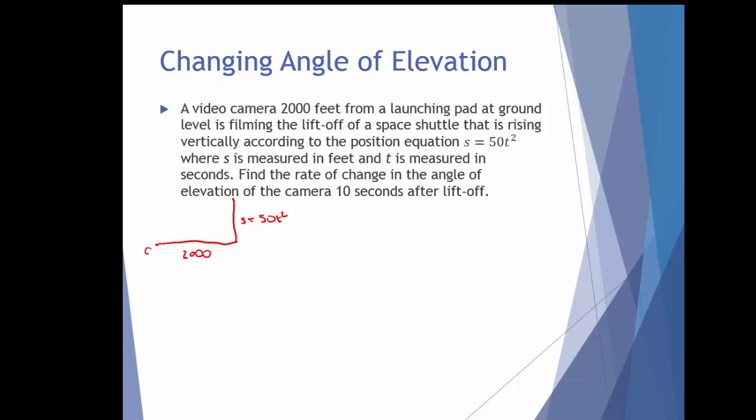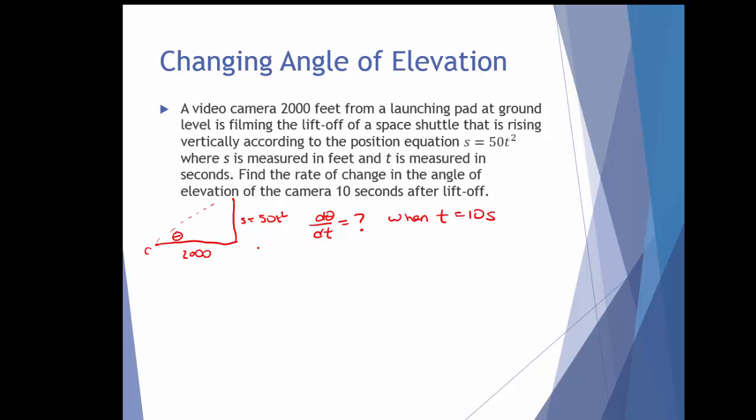So the camera is trying to follow the rocket, and they're asking about the change in the angle of elevation. Well, the angle of elevation is that angle right there, and we're looking for how that changes. We're looking for d theta dt. 10 seconds after liftoff, so when your time is equal to 10 seconds.